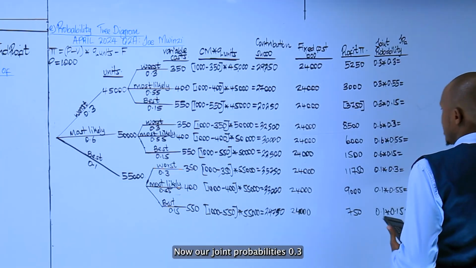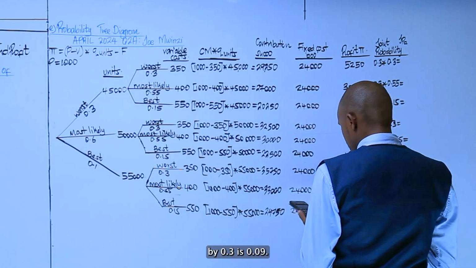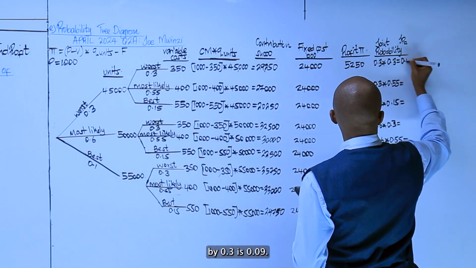Our joint probabilities. 0.3 by 0.3 is 0.09.